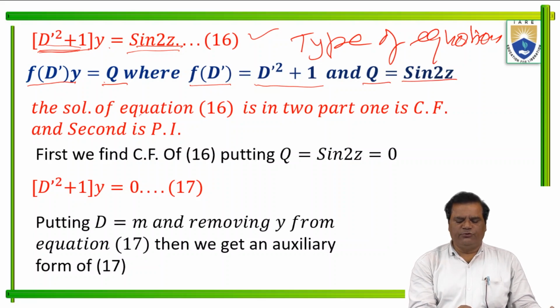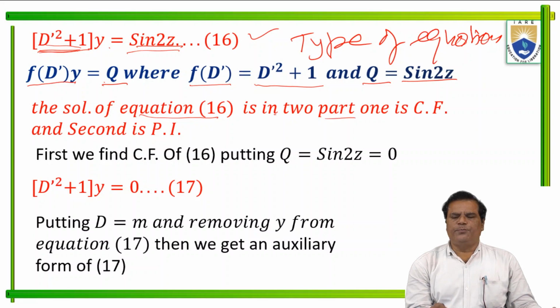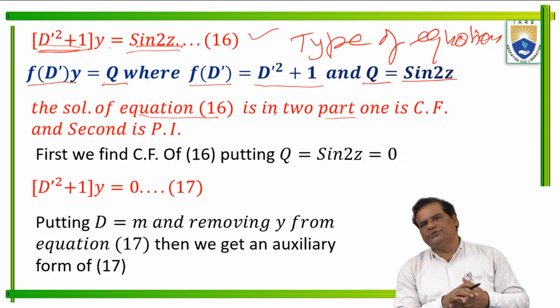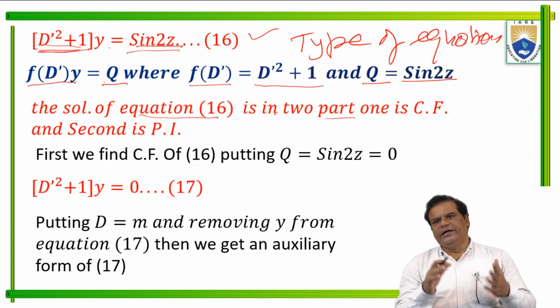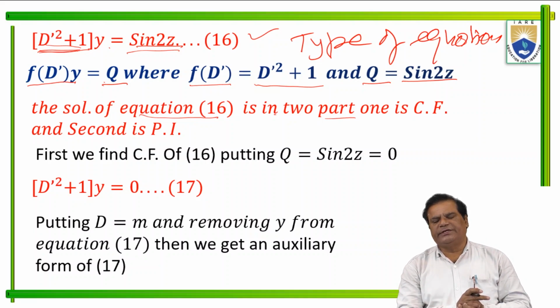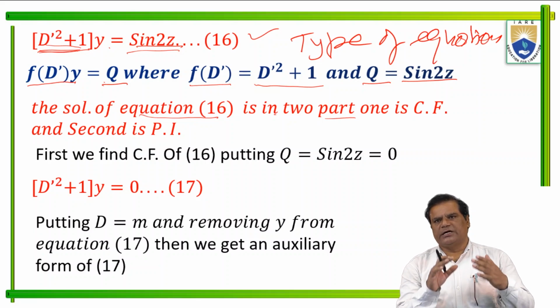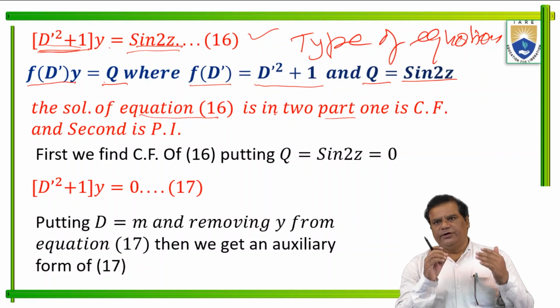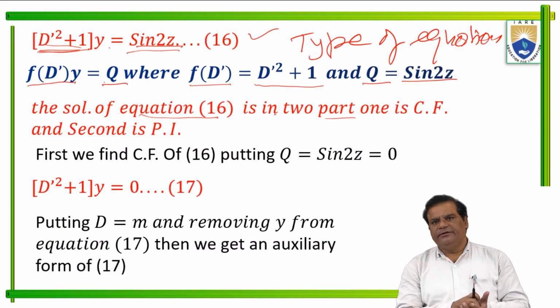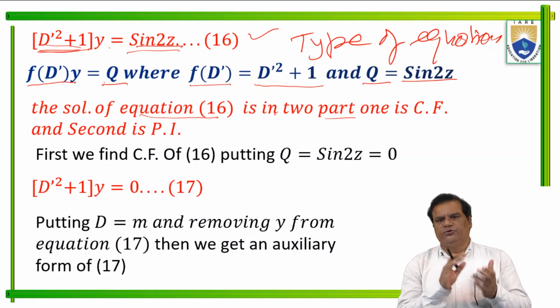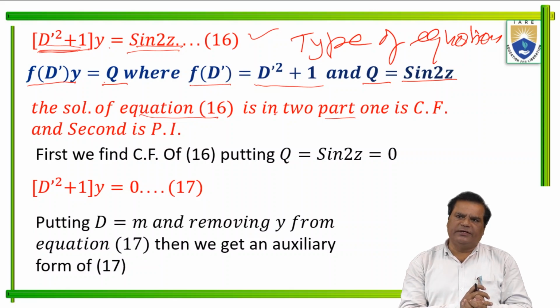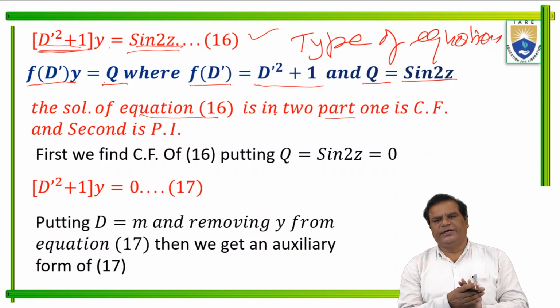The solution of equation 16 is in two parts, because equation 16 is a linear differential equation with constant coefficient. Every equation which has constant coefficients, if Q is given in our question, we find the solution in two parts. The first solution is known as the CF, complementary function, and the second solution is known as the PI, particular integral.